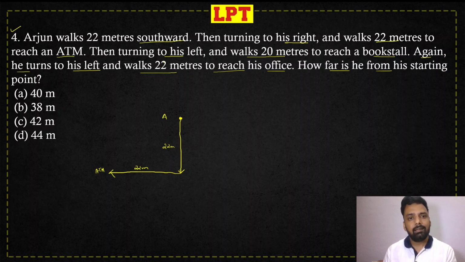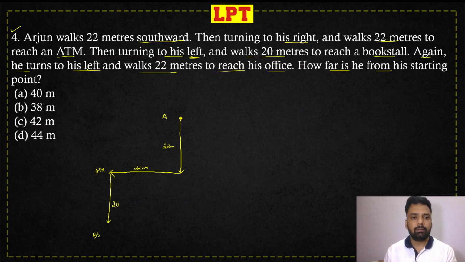Then turning to his left. When it comes to left, he turns 90 degrees anti-clockwise in this direction. He walks 20 meters to reach a bookstall. This is the bookstall.